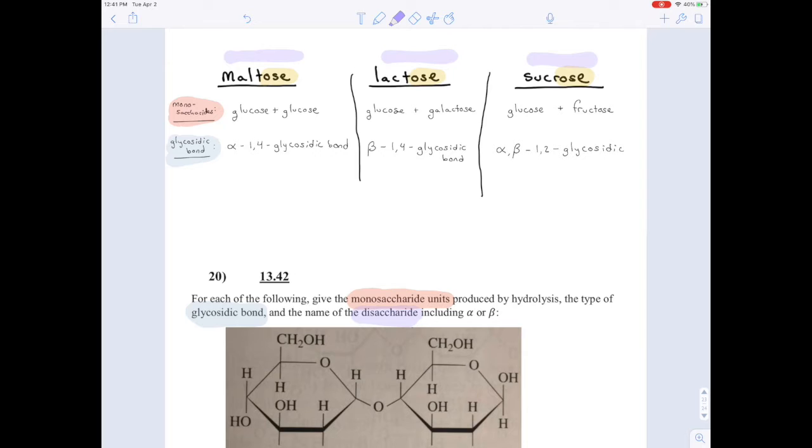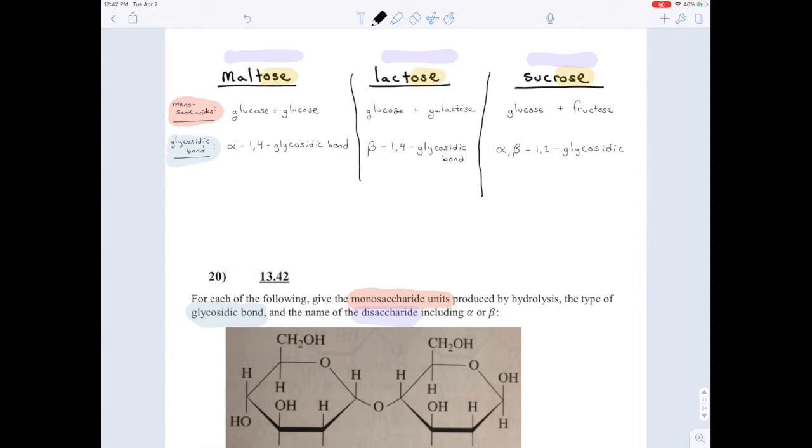You want to know which monosaccharides link up to make each one. In the case of maltose, it is glucose and glucose. In the case of lactose, it's glucose and galactose. In the case of sucrose, it's glucose and fructose. Notice that glucose appears in every single one. It's just the second monosaccharide that's different.